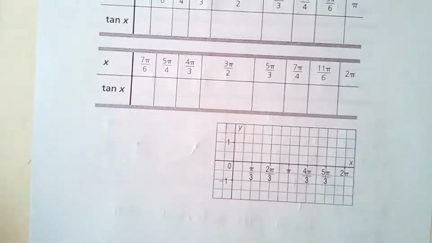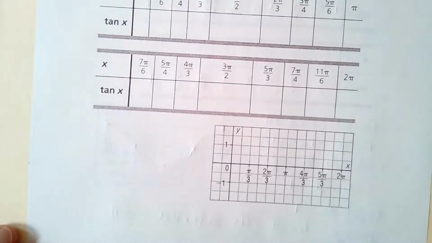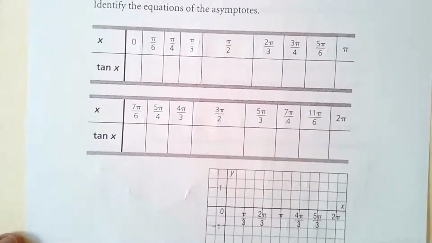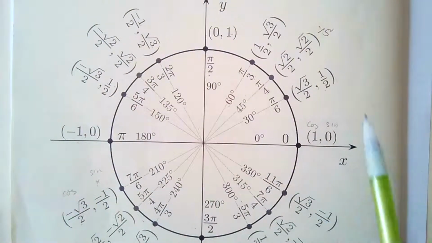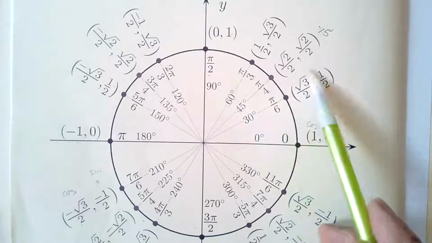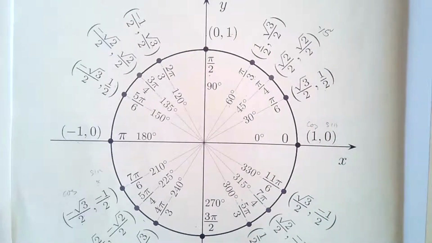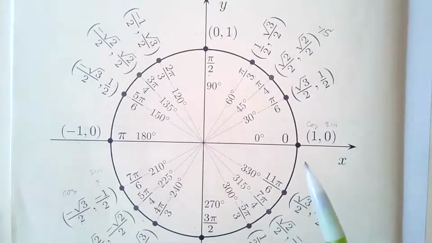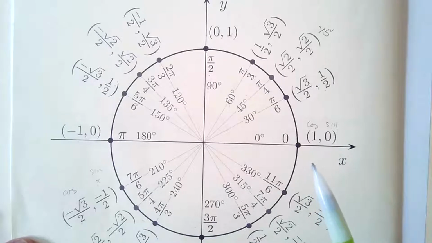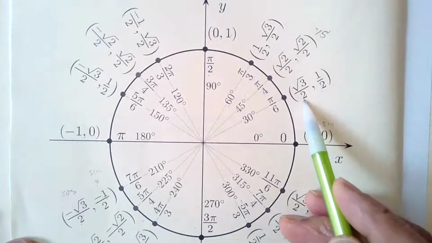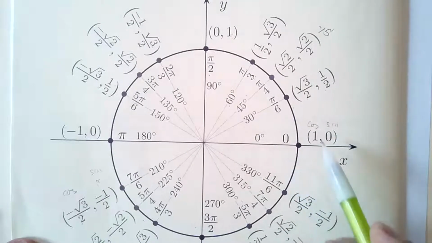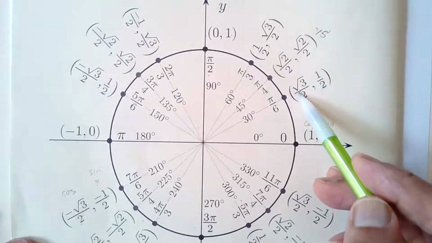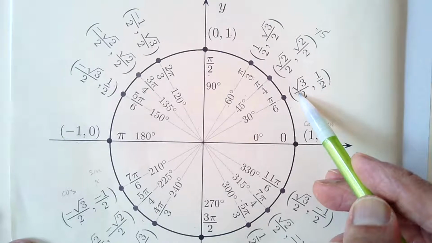Now, the last one we'll do today, and we'll see the pattern here, is for tangent. Now, tangent is a little bit different because if you look at your unit circle, you find there's no indication of tangent. But remember what tangent is. Tangent is sine over cosine, or y over x. So for each one of these, in this case, it would be a half over root 3 over 2.